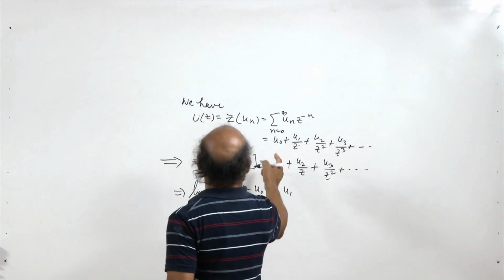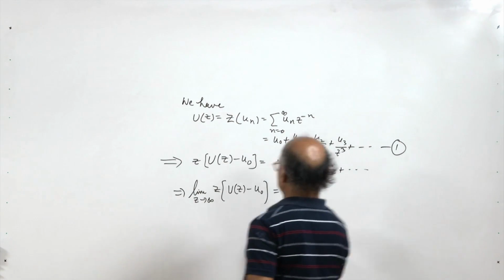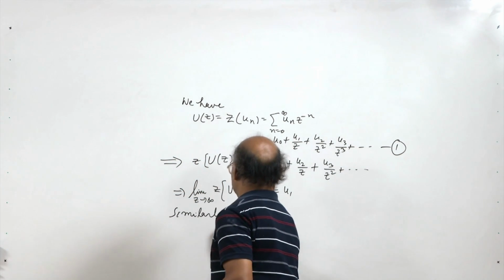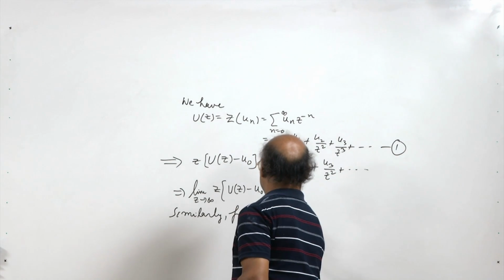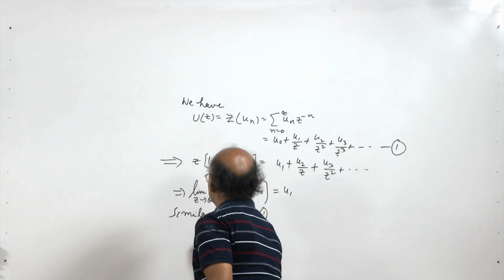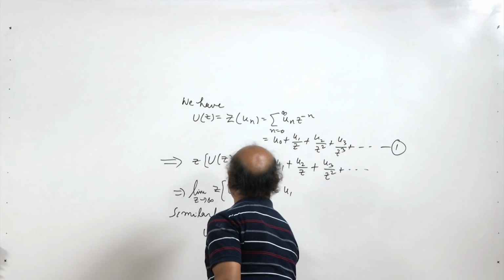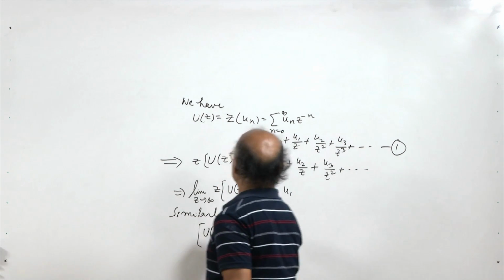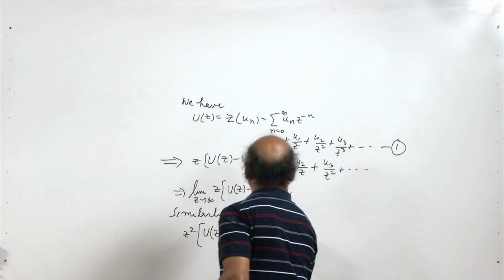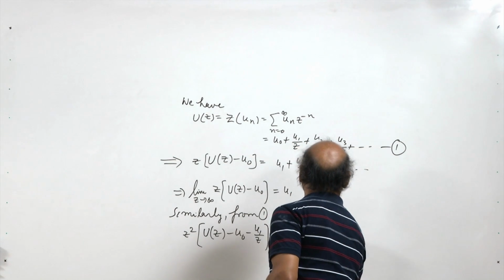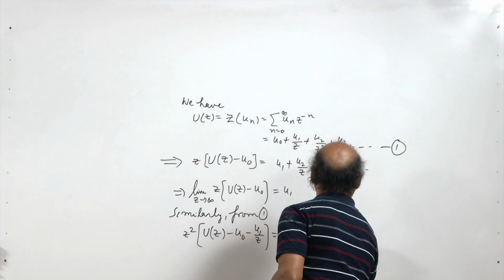Similarly, from equation 1 we can see that U(z) minus u_0 minus u_1 by z, when it is multiplied by z square, gives us u_2 plus u_3 by z plus u_4 by z square and so on.